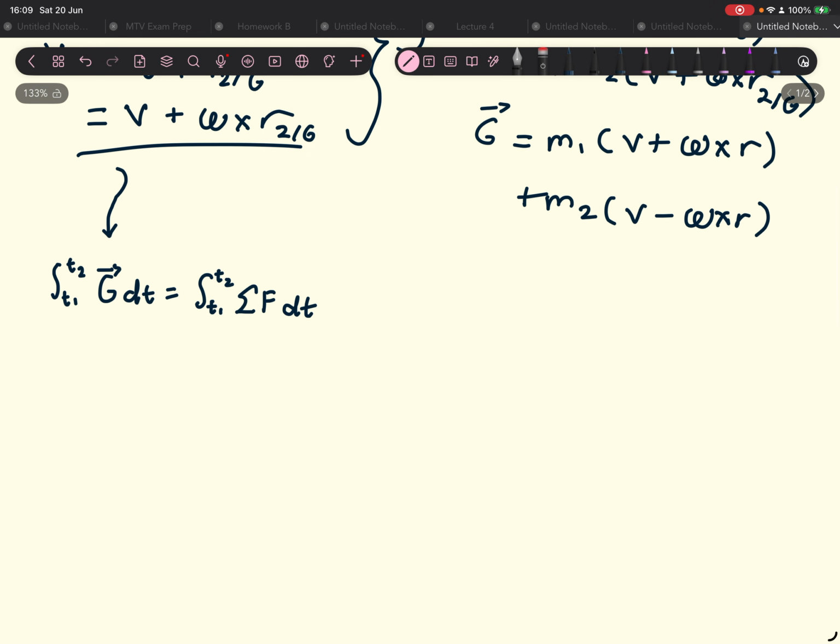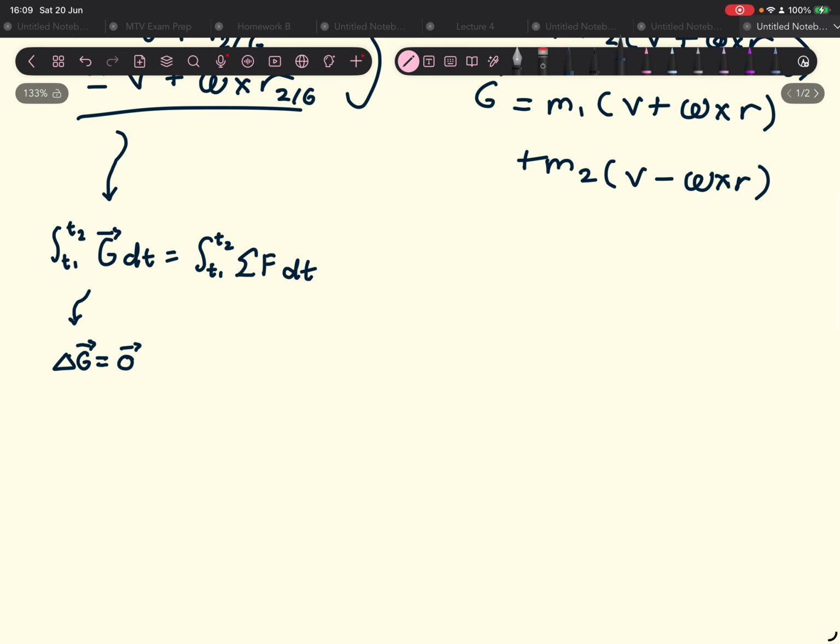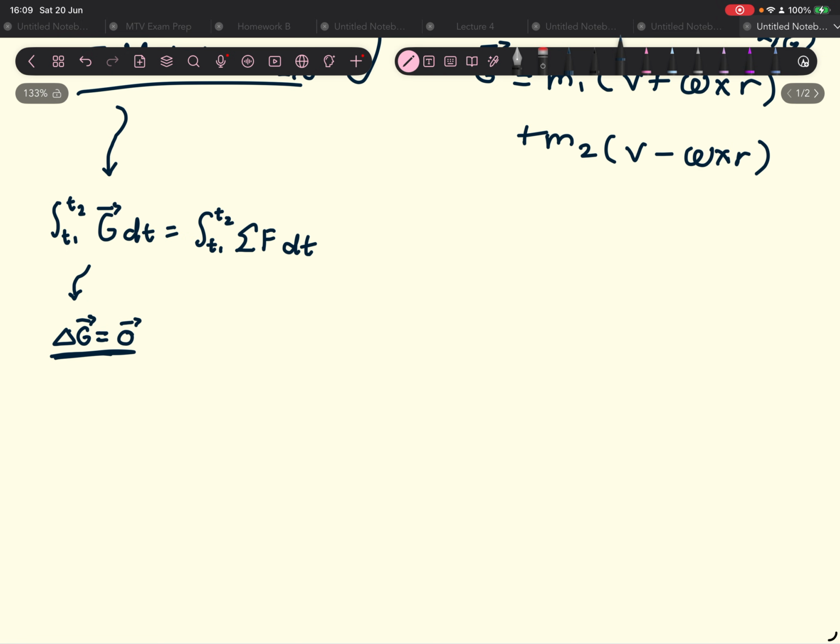Cool. So if we had a case where we wanted momentum to be conserved, so let's say we wanted delta G to equal 0. In order for this to be true, for this equation over here, we need our sum of forces to be 0. Okay, this is also a vector.